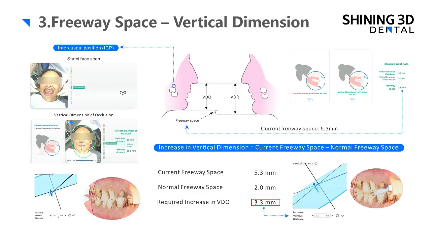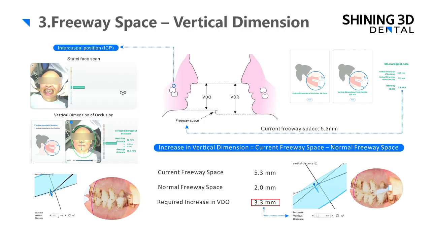The normal freeway space range here is from 2 millimeters to 4 millimeters. Normally we will make it 2 millimeters. So for this patient, we use 5.3 millimeters minus 2 millimeters, and the vertical dimension we need to increase is 3.3 millimeters.